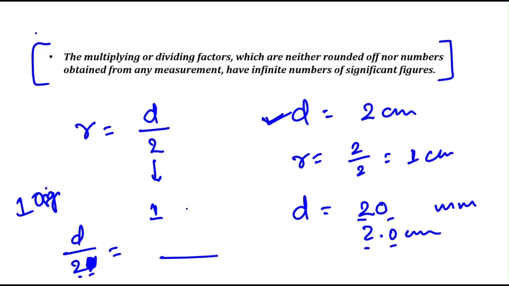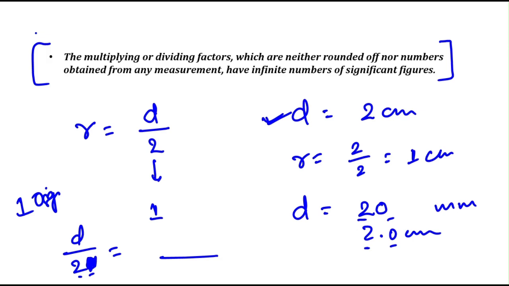So up to here for today, and in the next class we are going to discuss rules for arithmetic operations with significant figures. Because when we add or divide or multiply numbers with different numbers of significant figures, we have to retain the number of significant figures in such a way that our results are unaffected.